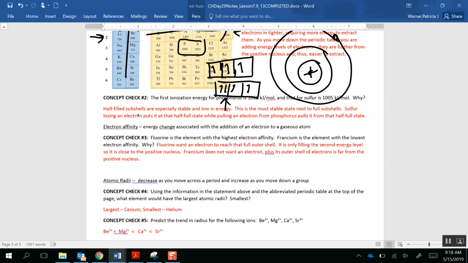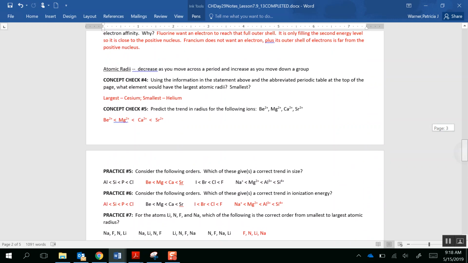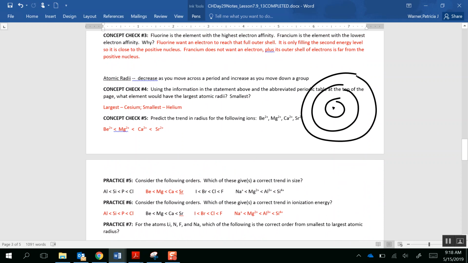Atomic radii decrease as you move across the period, and increase as you move down a group. So atomic radii makes sense moving down a group, because as you move down a group, you're just adding layers, and so it makes sense that it gets bigger. It decreases as you move across, because every time you're moving across the periodic table, you're adding protons.